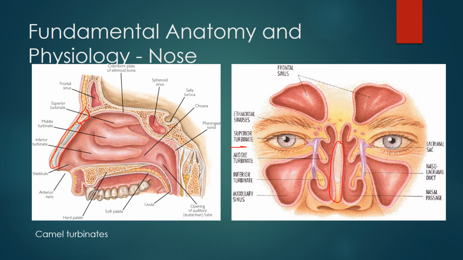This is the cartilaginous septum that divides the left and right side of our noses. You can see that there are these bony projections internally, which are our turbinates. We've got three of these: our inferior, middle and superior turbinates.